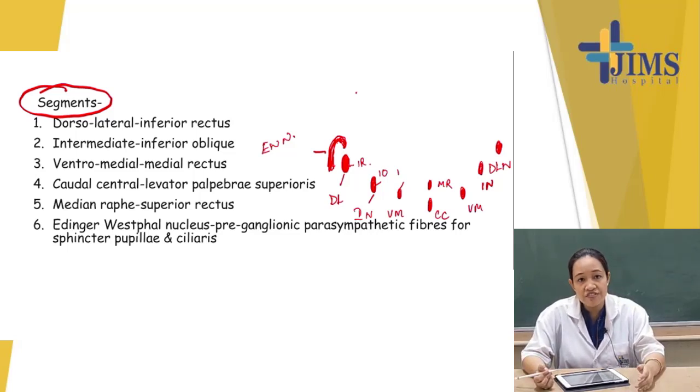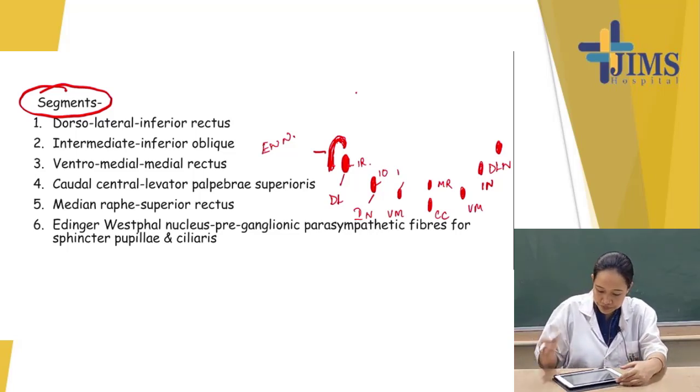Edinger-Westphal nucleus. So, we have seen that the Edinger-Westphal nucleus, through the ciliary ganglion, supplies two muscles, that is the sphincter pupillae and the ciliaris muscle.